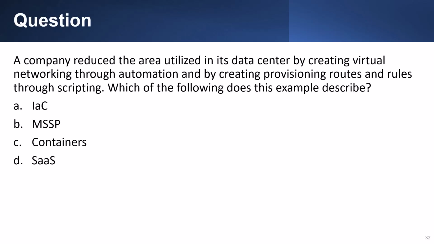Question: A company reduced the area utilized in its data center by creating virtual networking through automation and by creating provisioning routes and rules through scripting. Which of the following does this example describe? Answer: IAC.